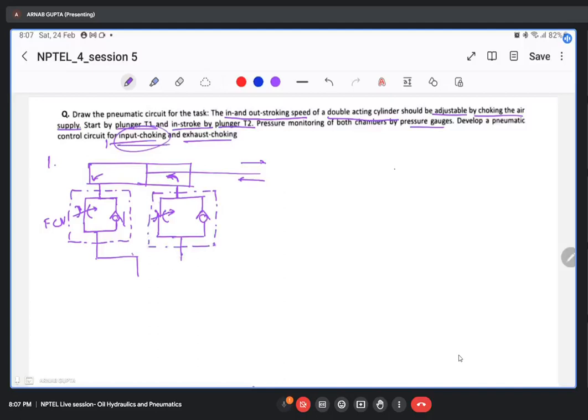Now it is basic, you have to just connect this to a 5 by 2 DCV, that is standard. Suppose I'm not drawing this as of now.